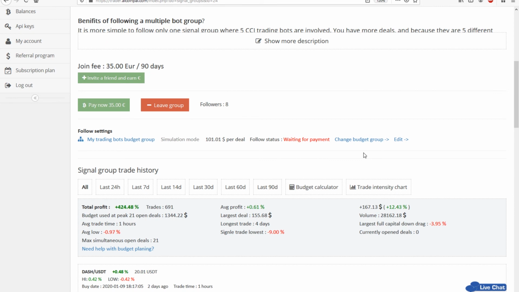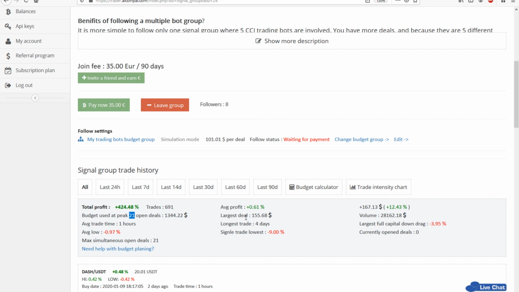and plan your budget so you can have more than 10 to 12 open deals. So we recommend a minimum budget, depending on the bot, of definitely 10 or more open deals that it can handle.